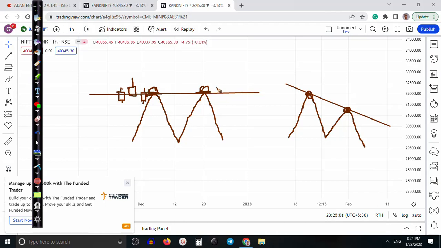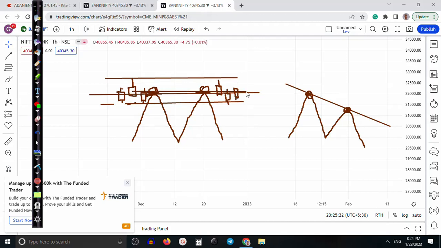In this area we have seen one like this, then like this, then like this. It's very difficult to draw a line. So it may be somewhere here, it may be somewhere here also.